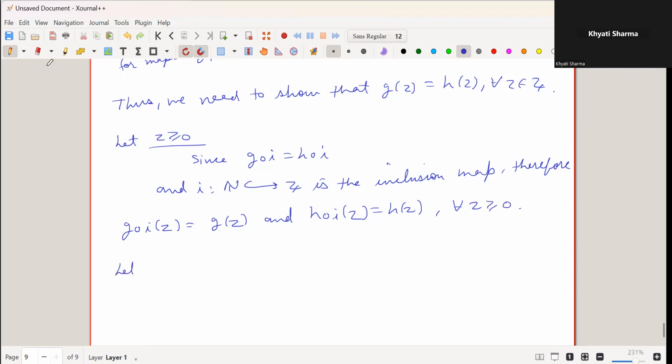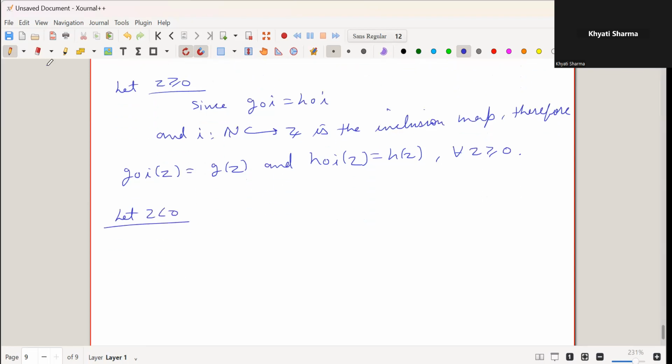And the second case is when z is less than 0, where we have to apply some trick. So what we will do: G(z) is equal to G(z) star 0 bar. So what is this 0 bar?